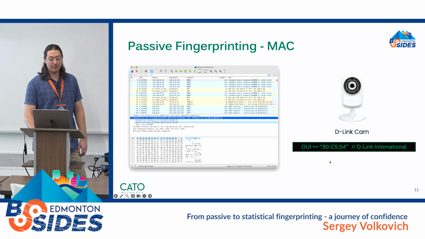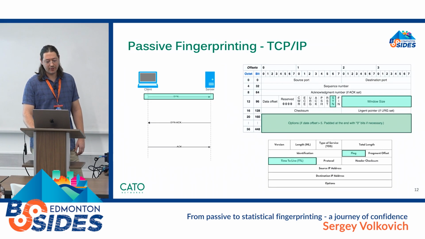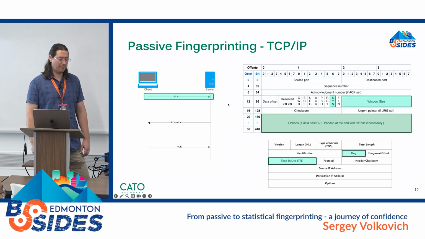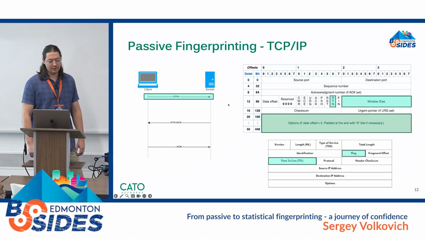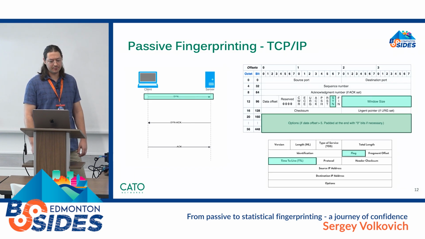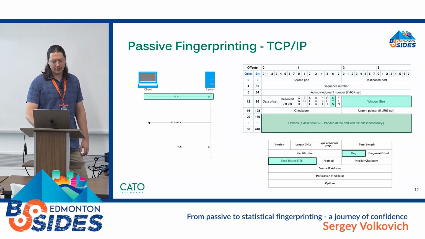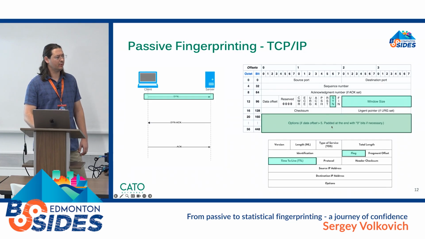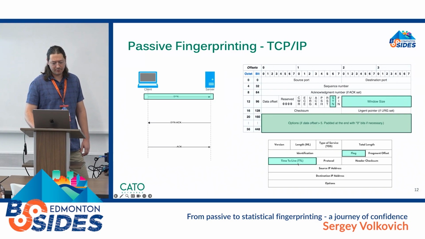Obviously not very granular. Continuing to the TCP/IP layer, and specifically looking, for example, at the first packet, the SYN packet in the three-part handshake, we can look at the options which we already saw, and for example, the time to live at the IP level.